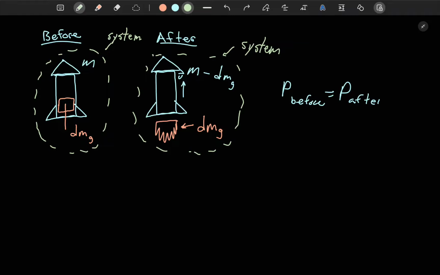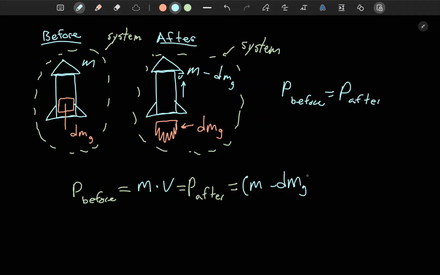So to get started, the P before is equal to the mass of the rocket, which I've said is m, times the velocity of the rocket, which will be v. And it should be equal to P after, which is going to equal the new mass, m minus dmg.